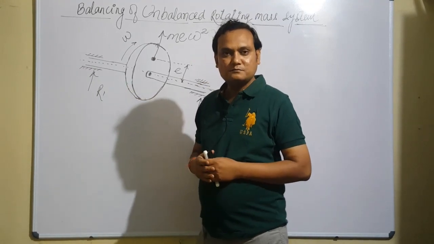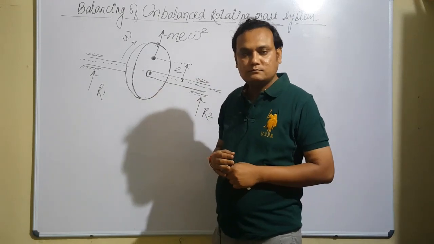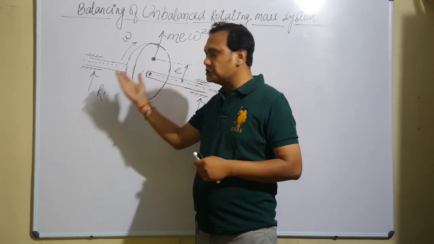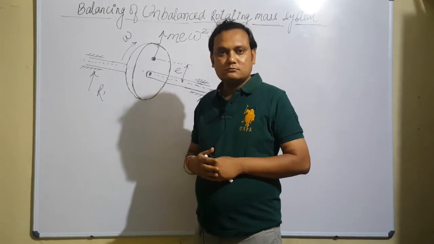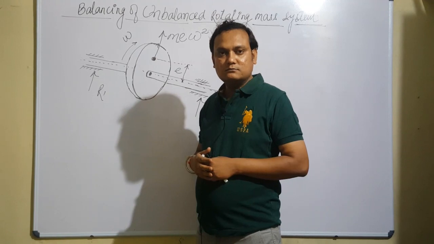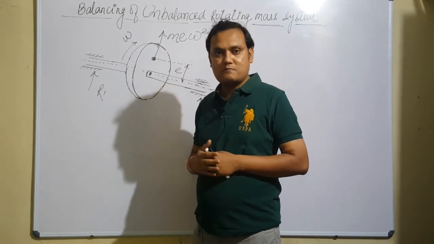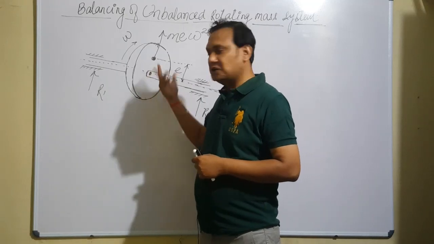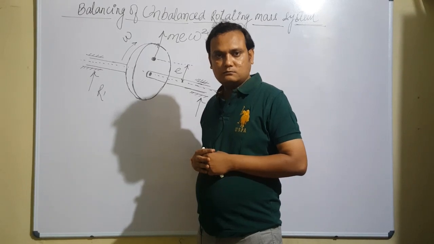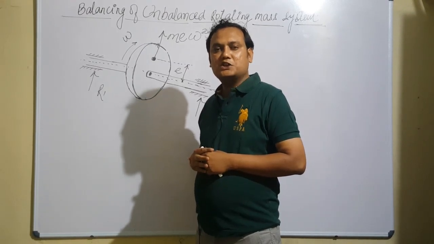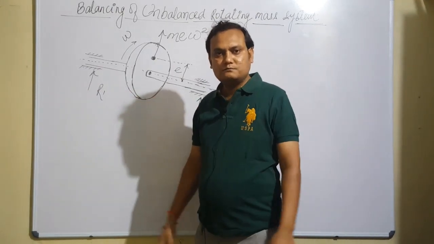Just imagine a 500 megawatt power plant, turbine generator shaft. A small change in the center of mass of the system leads to a centrifugal force of magnitude m e omega square. आप बोलोगे सर ई तो बड़ा छोटा है, अरे 500 मेगावाट का पावर प्लांट, 2 LP turbine, 1 HP turbine, generator, all are connected in a single shaft.